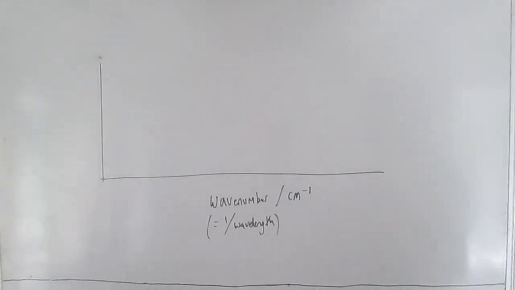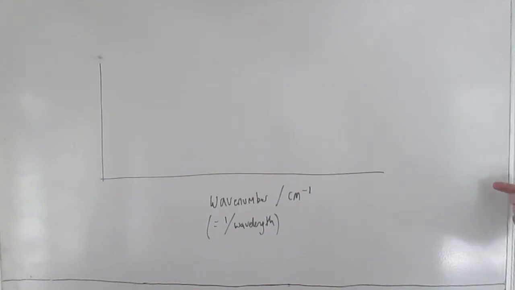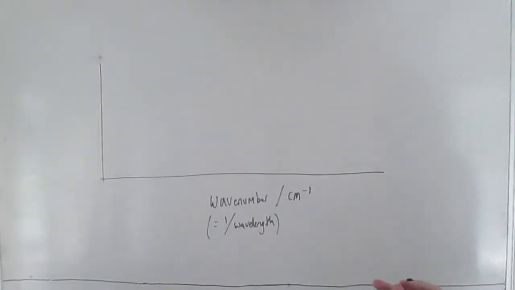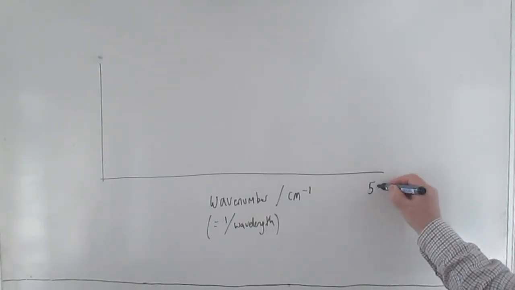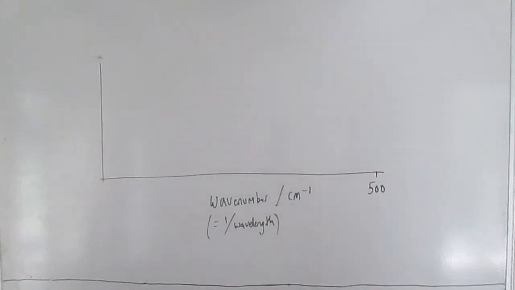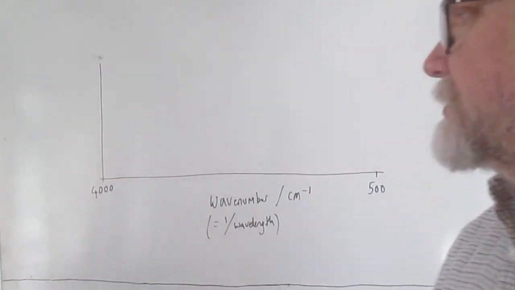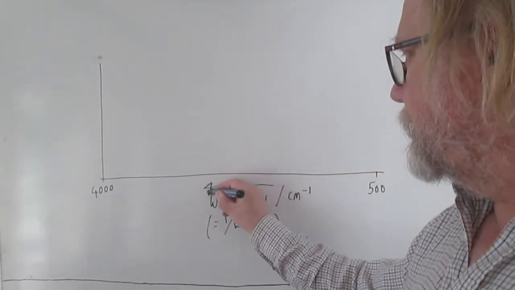The next thing they do that's weird is that normally on graphs the numbers increase across this way, but the wave number axis increases that way. So when we're looking at organic compounds, the typical range we look at goes from about 500 wave numbers up to about 4,000 wave numbers. That would be a typical spectrum. So it's increasing that way.